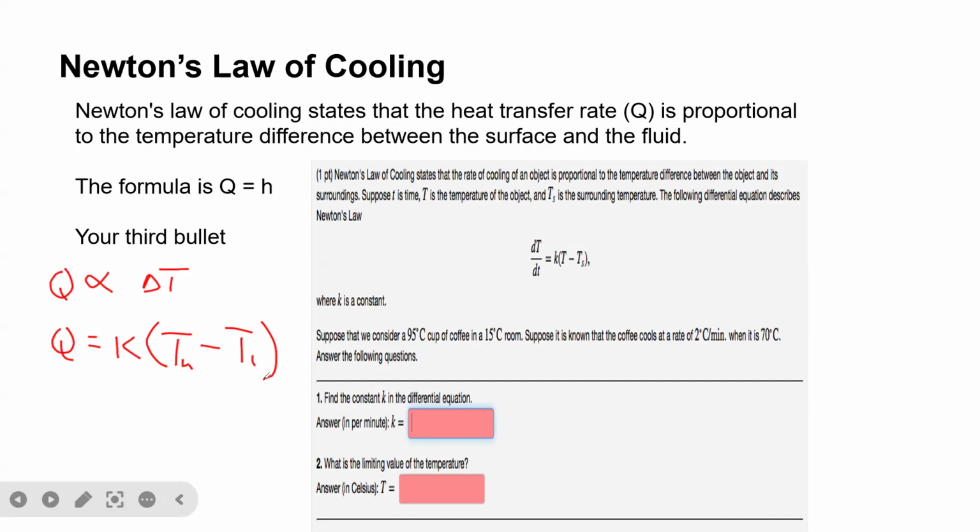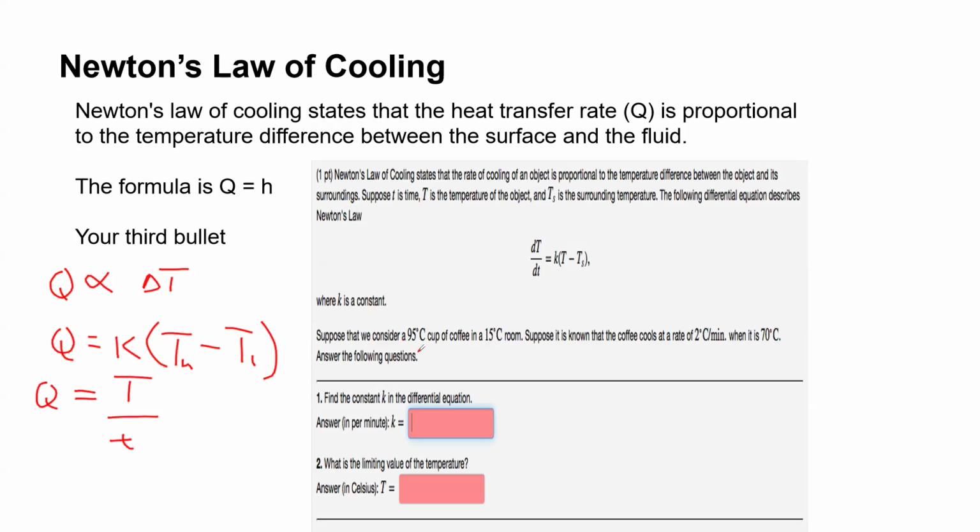The following differential equation describes Newton's law: dT over dt. So dT over dt is the same as Q. That is why Q here stands for E divided by time. So this is it.